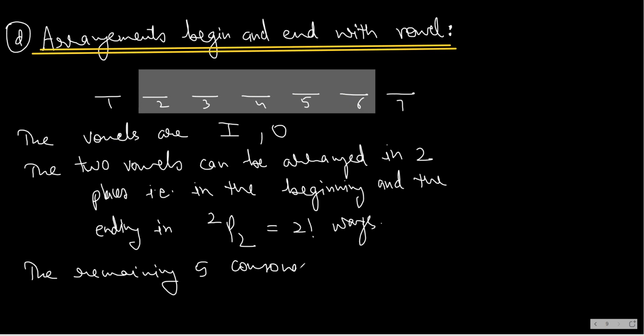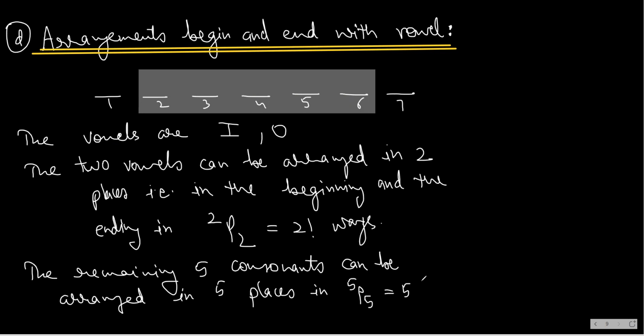The remaining 5 consonants can be arranged in 5 places in 5P5, that is equal to 5 factorial different ways. So what will be the total answer?